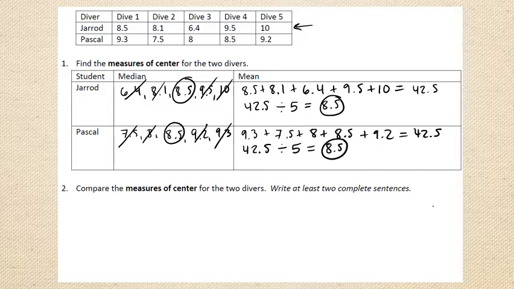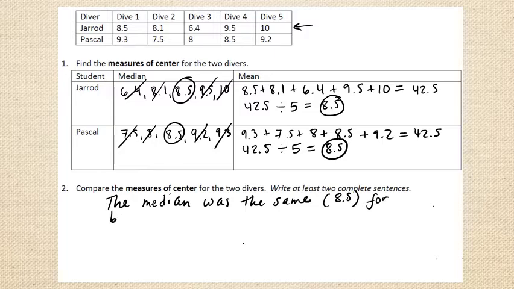So looking at what I see here, I can see that their measures of center have a lot in common. So I might have written that the mean, or the median, was the same. And I'm going to reference that it was 8.5 here. So the median was the same, 8.5, for both divers.